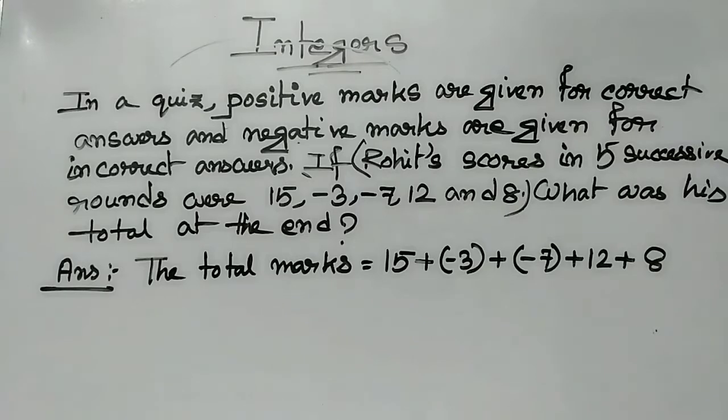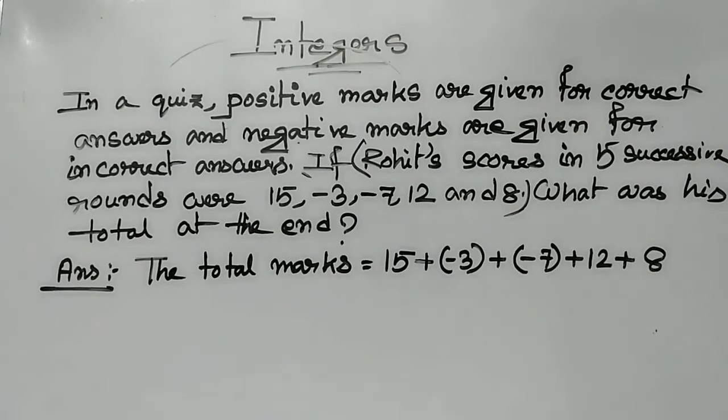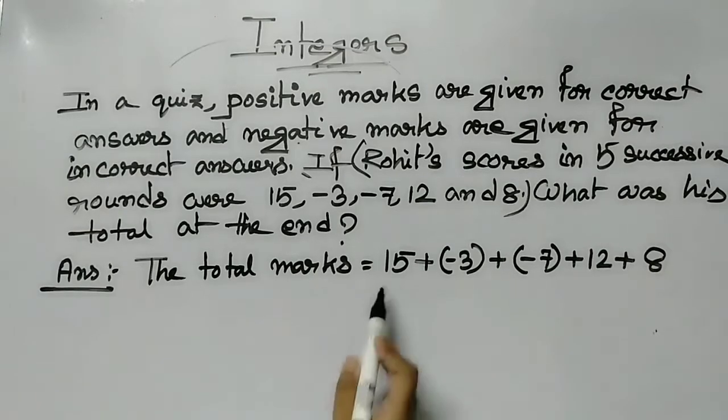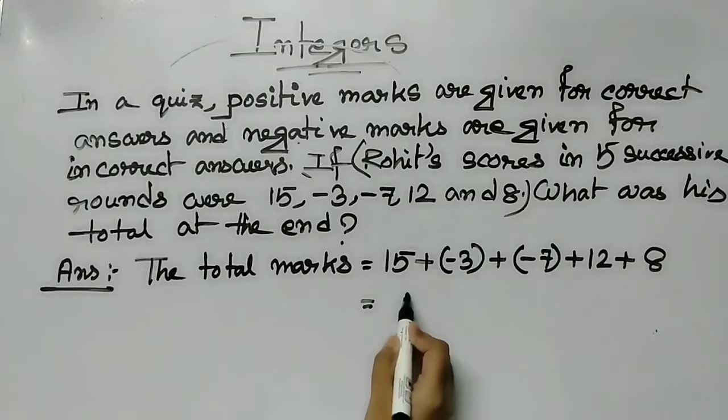So at first we have to add 15 and minus 3. So what is the addition rule? If there are one positive integer and one negative integer, we have to subtract these integers. So subtract this, 15 minus 3. What will be the answer? 12.